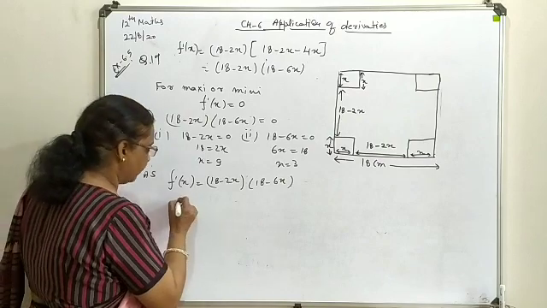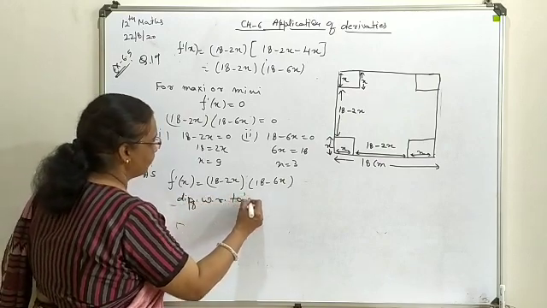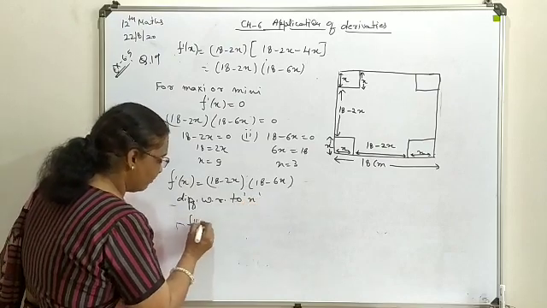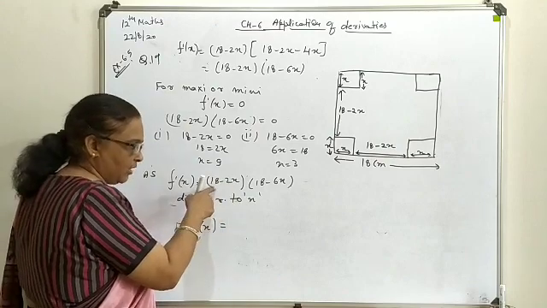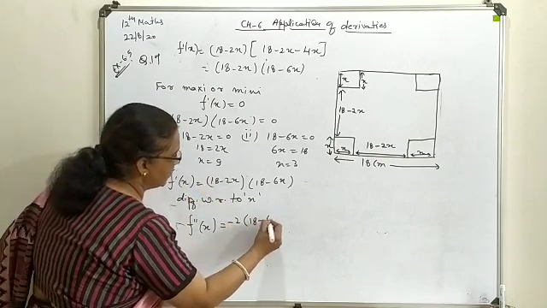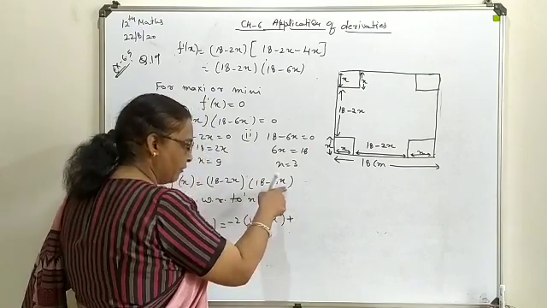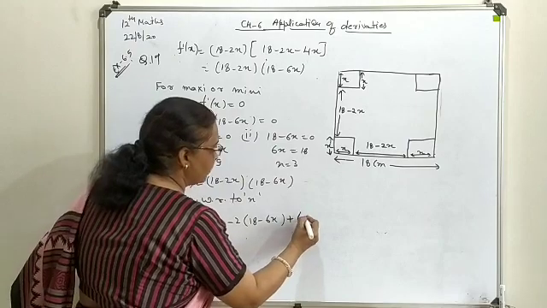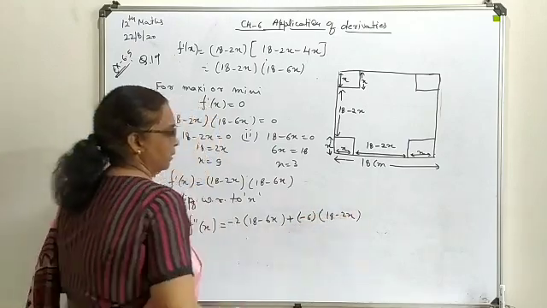So further differentiate with respect to x. So this will give you f double dash x. First of all, we will differentiate this bracket, that will give you minus 2, 18 minus 6x you keep as such, plus differentiation of this term will give you minus 6 over here, multiplied by 18 minus 2x.